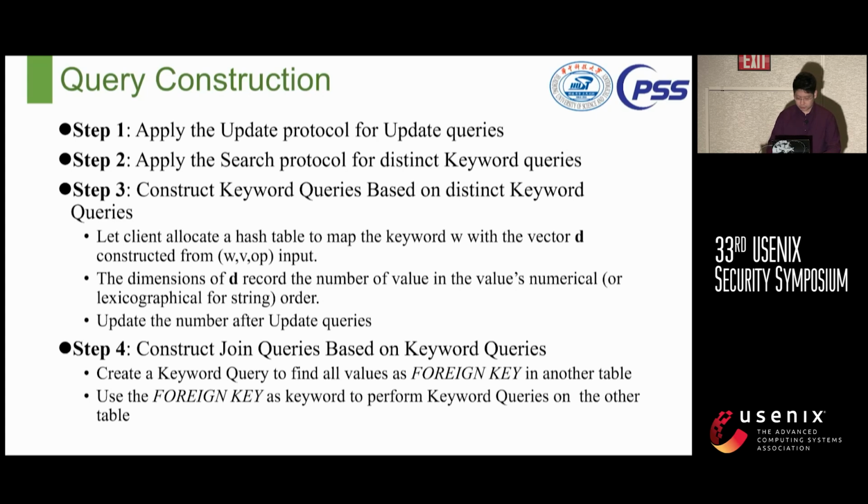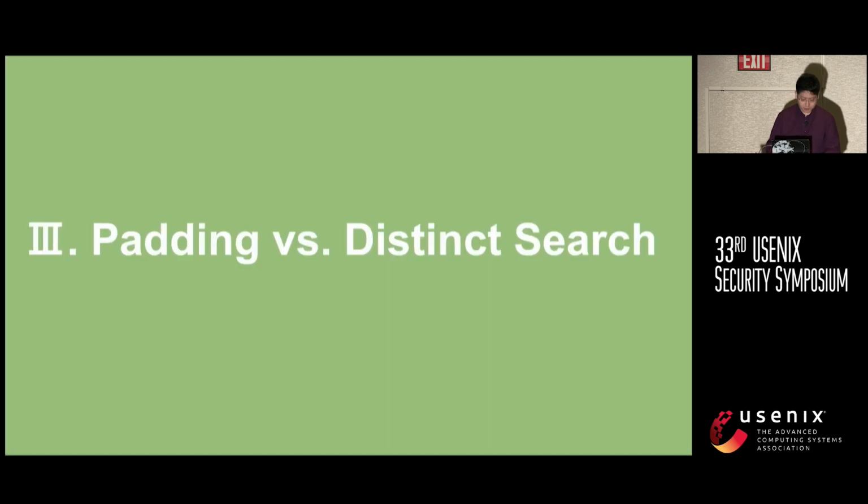And in step 4, we construct the join queries based on the keyword queries. We first use a keyword query on all values as a foreign key, and the foreign key will be treated as the next keyword to perform keyword queries on other tables.